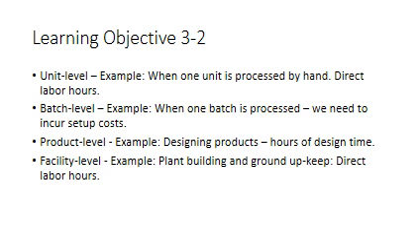Batch level is when one batch is processed. When one batch of cakes are processed, we need to incur setup costs to make that batch of cakes exactly the way they are, but the manufacturing overheads are unique to that batch of cakes.